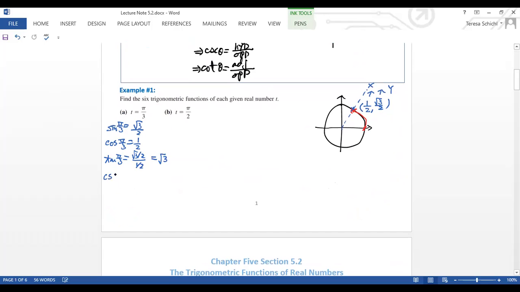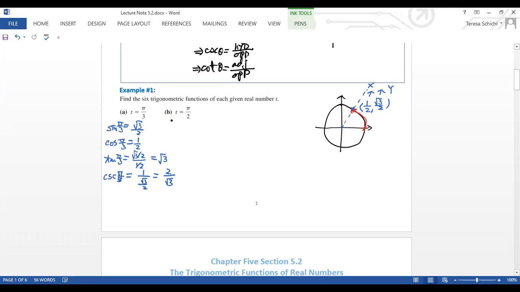Then cosecant pi over 3 is equal to 1 over y. So it's 1 over square root of 3 over 2. Then you flip it, and it will be 2 over the square root of 3.